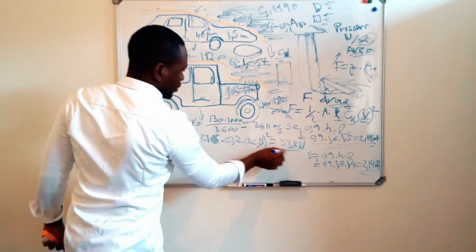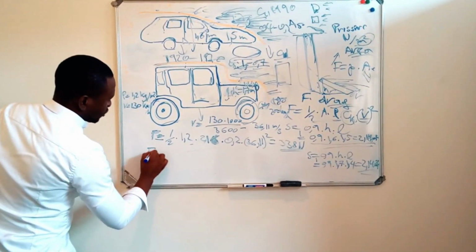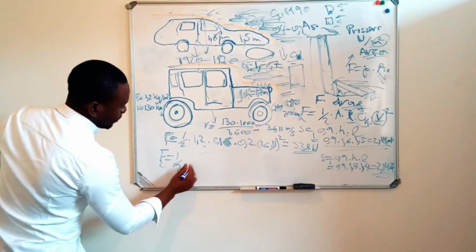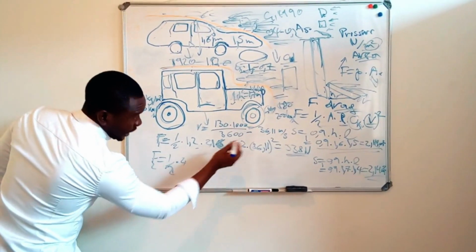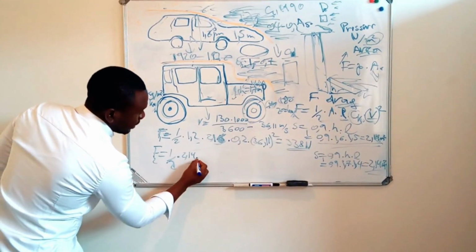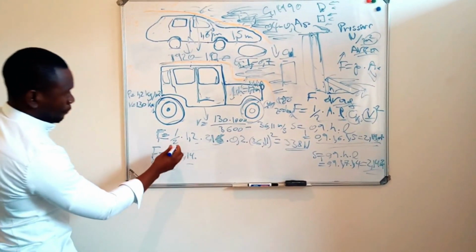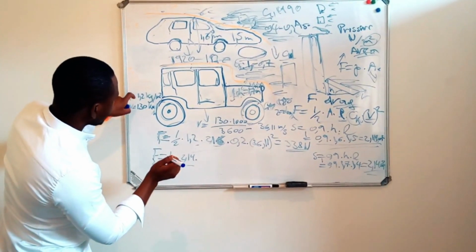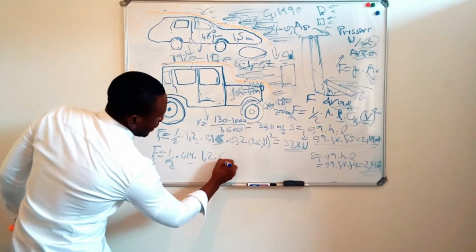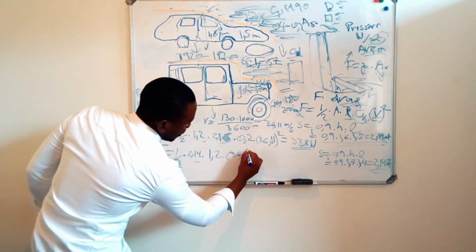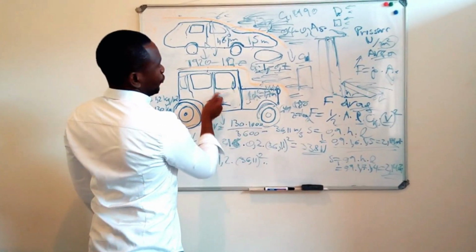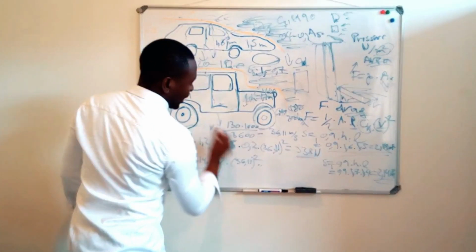Now if I have to calculate the drag force here, it will be equal to 1/2 multiplied by 2.14, the area being almost the same, multiplied by the mass volumic of air, 1.2, multiplied by the speed, 36.11 squared, and then multiplied by the coefficient of drag, which is 1 in this case.